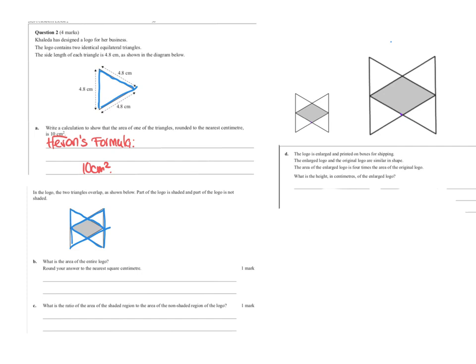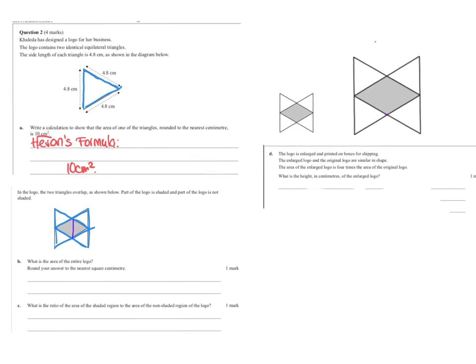So it's not going to simply be 2 times 10 squares, because there's overlapping. But you can actually divide the main triangle up into little triangles. You end up with the original triangle having these little triangles.